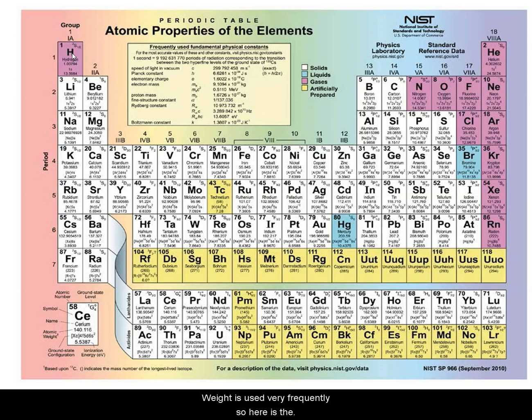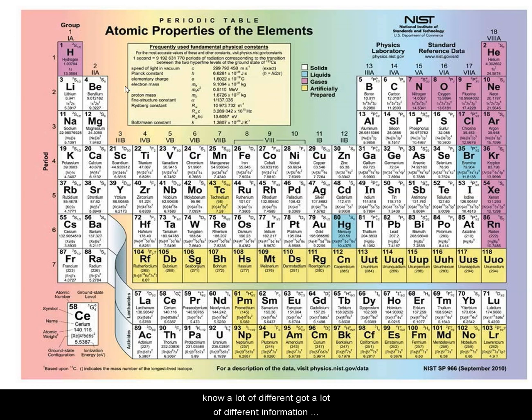So here is the atomic element symbol. There is the name of this element, its atomic number, and right below the name is the atomic mass. Now this is a very detailed periodic table. If you were in chemistry, this would be a good thing to know.